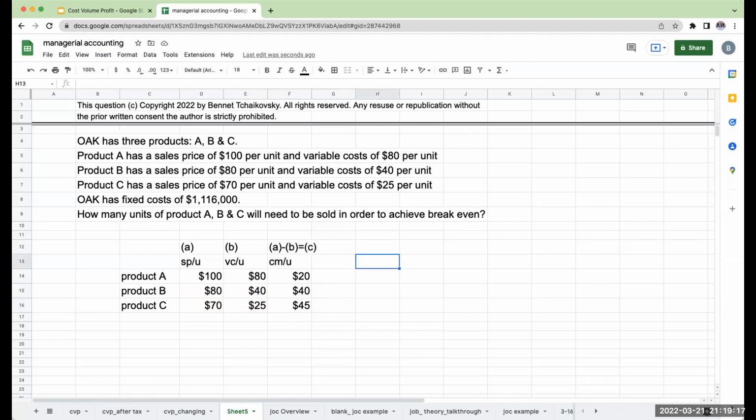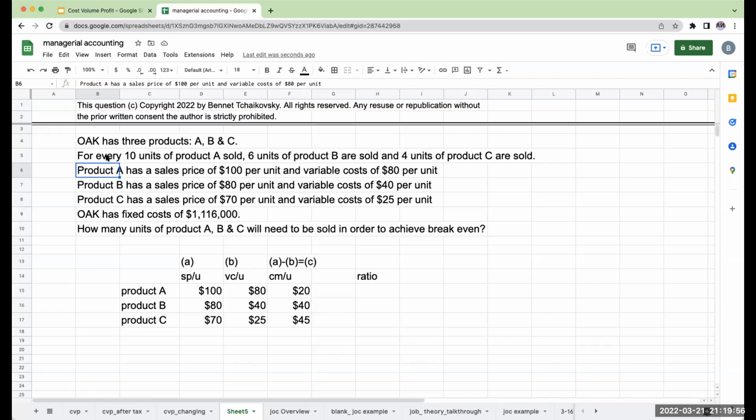Now, the ratio in which I'm selling them comes from the same problem we were looking at earlier. For every 10 units of product A sold, I'm selling 6 units of product B and 4 units of product C. If I call my ratio D, I take my C times the D, and this will give me my E. So 20 times 10 is 200, 40 times 6 is 240, and 45 times 4 is 180.